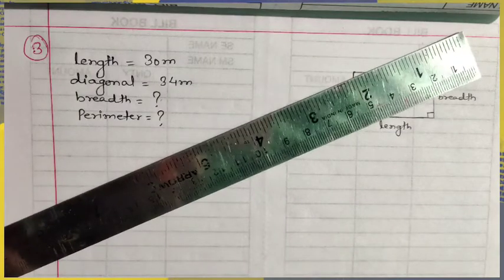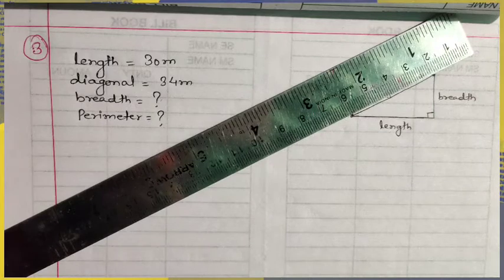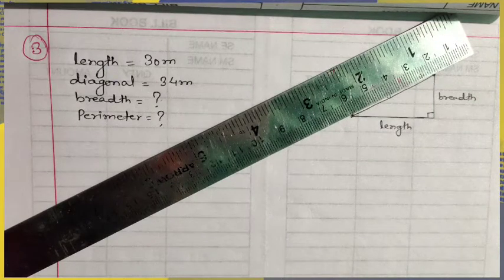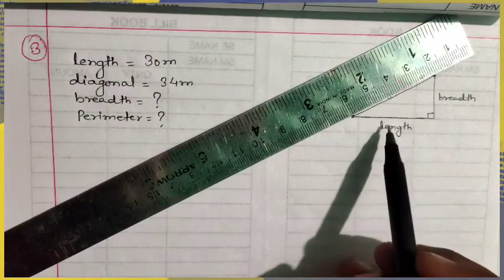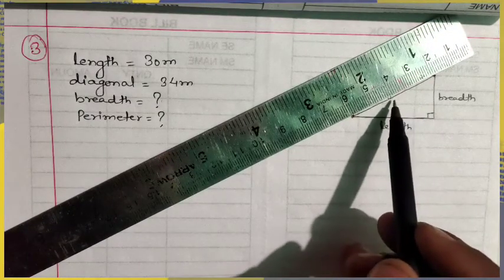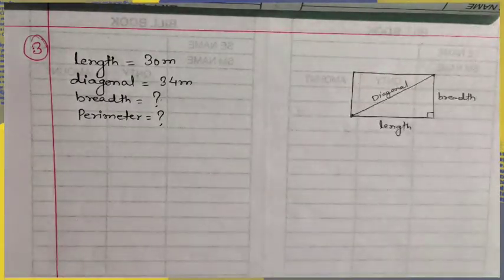In Pythagoras theorem, what we have studied is that the sum of the squares of perpendicular and base is equal to the square of hypotenuse. This one we will take as perpendicular, this one will be base, and this one will be acting as hypotenuse. Now we will use the Pythagoras theorem here.